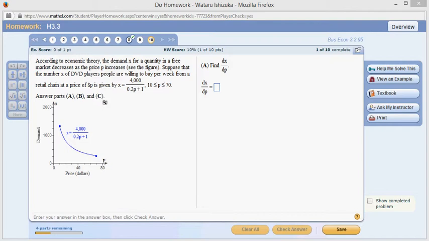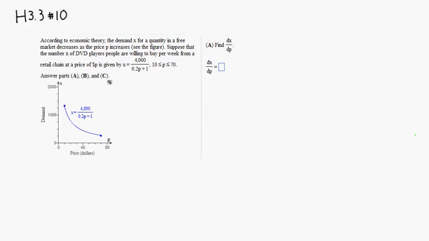Alright, let's look at homework 3.3, problem number 10 again. We want to find the derivative of this function with respect to p. First I would pull out 4,000, which is just a constant, so I'll put that in front. Then I'm going to use the quotient rule.